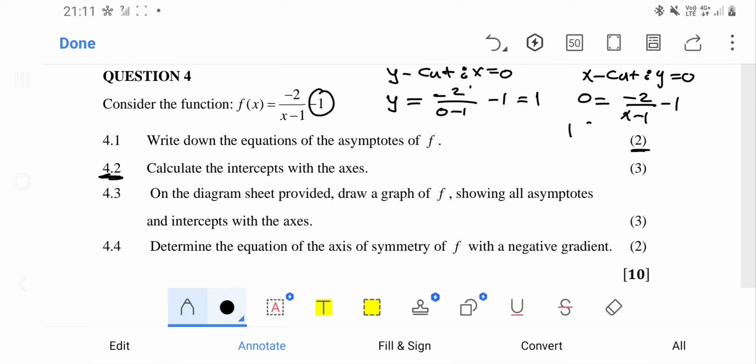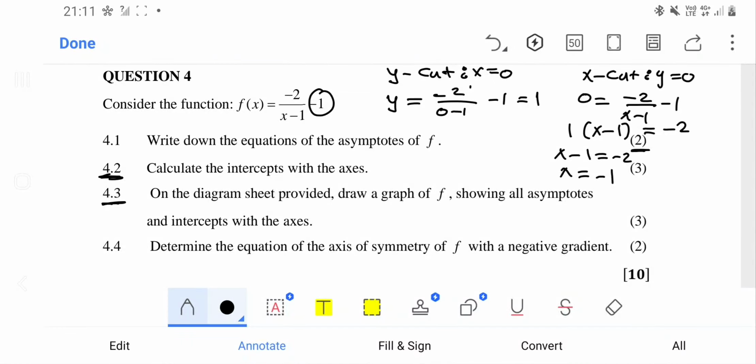We cross multiply by x minus 1. This is equal to -2. So x minus 1 equals -2, so x will be -1. It means your graph of f will cut the x-axis at x equal to -1, right? And then we get 3 marks for doing that.